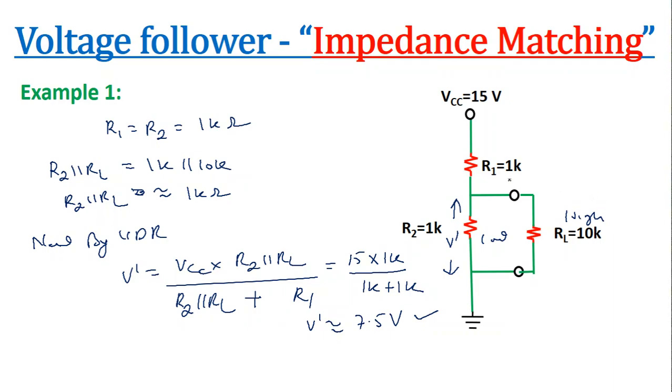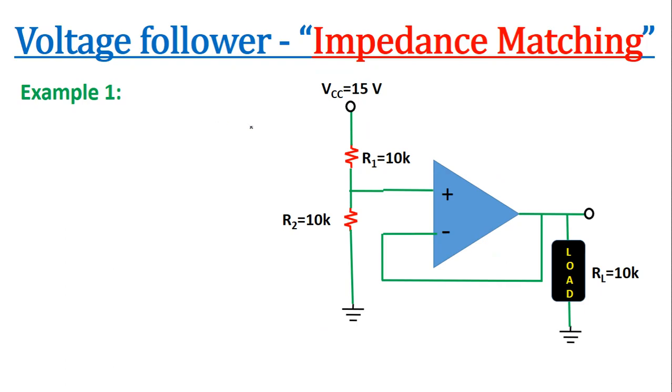Now what if we don't have the choice to change the resistances of the potential divider or the resistance of the load? In that case, we connect a voltage follower in between this potential divider and this load, and the load is connected at the output of the voltage follower, as you can see in the diagram.